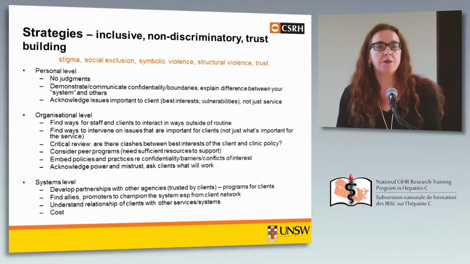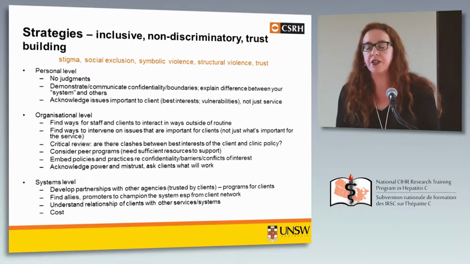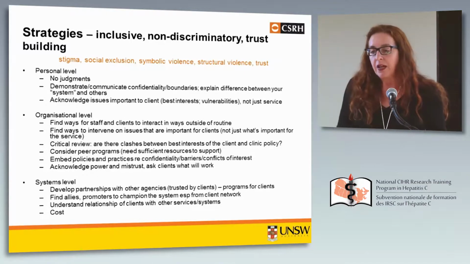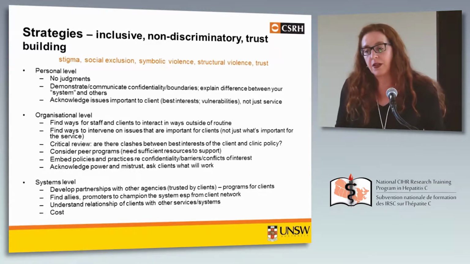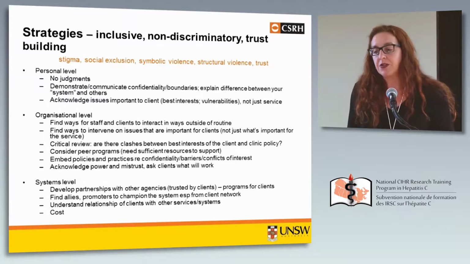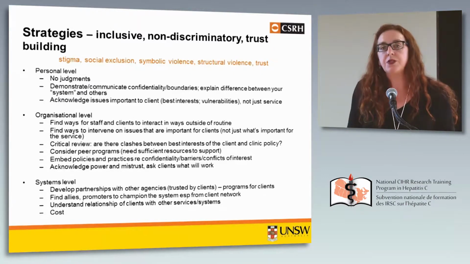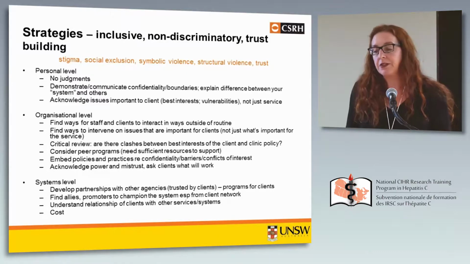Your service may not have been the one to put up the bulletproof glass, but you have to wear the mistrust of service users who feel that continuing fraught nature of entering into services. The staff should be able to acknowledge issues that are important to the client's best interests and not those that are on the service's agenda, not only those.